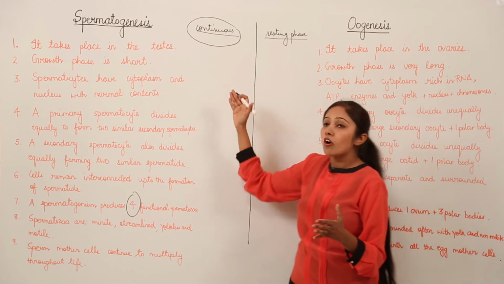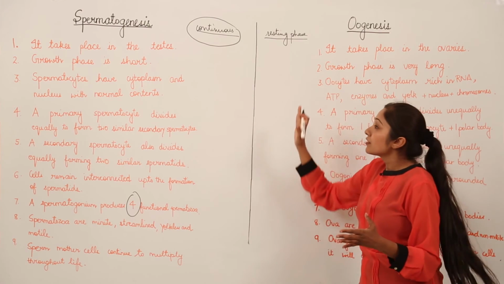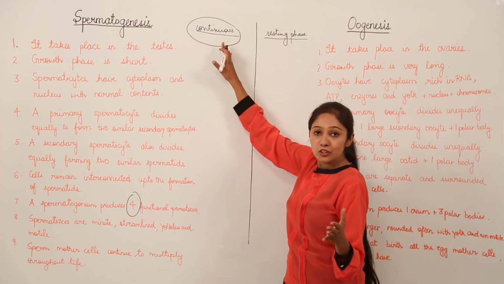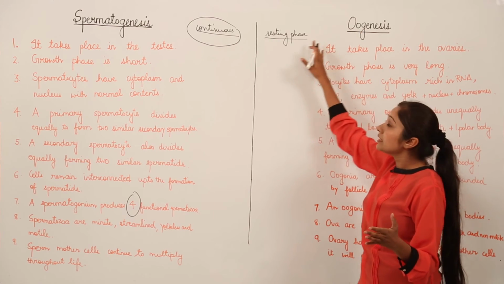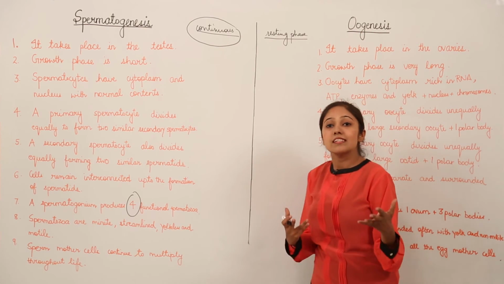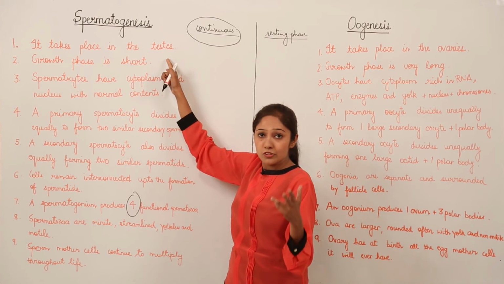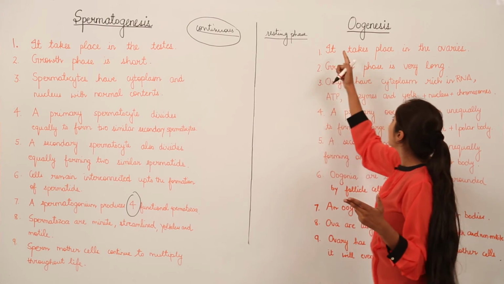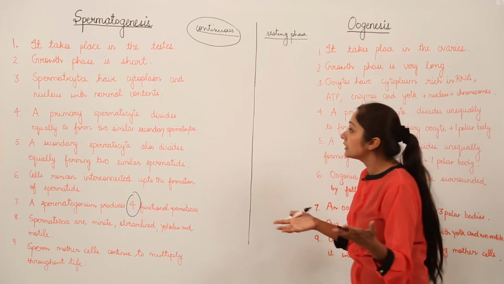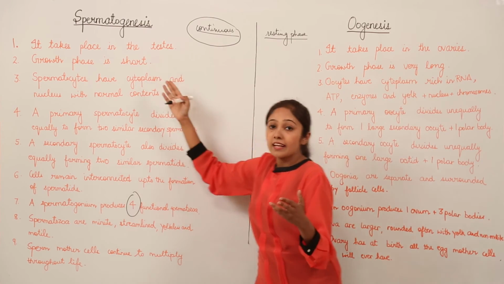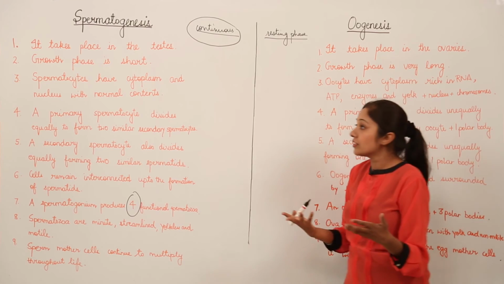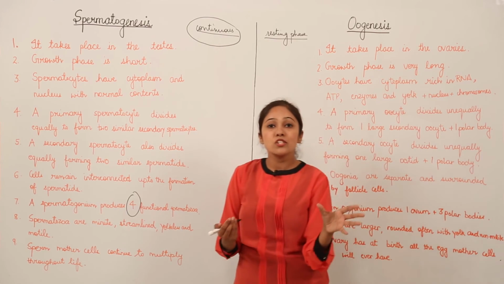So, let us recall all the points of difference again. We were talking about spermatogenesis, which is a continuous process, and oogenesis, which is not continuous since it has a longer resting phase. It takes place in testes because we are talking about males, and in ovaries, that is female gonads. The growth phase is shorter in spermatogenesis, but in oogenesis it is of longer duration, a few days to many years.